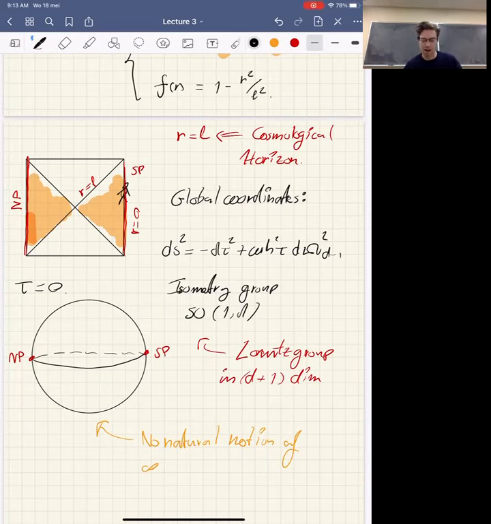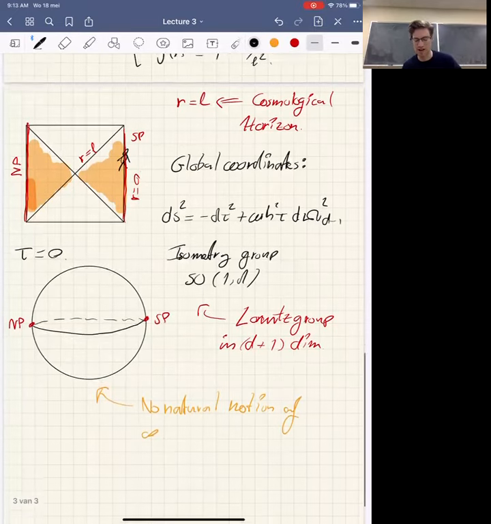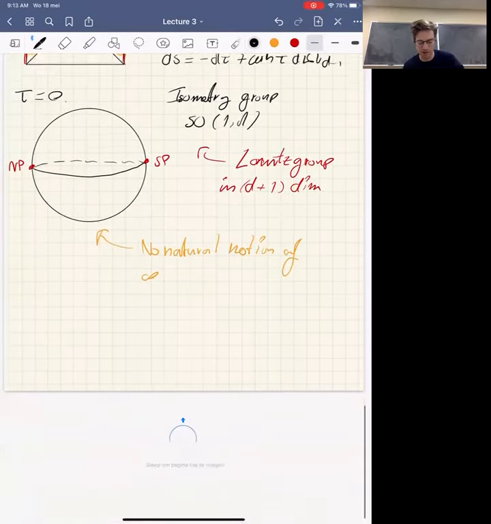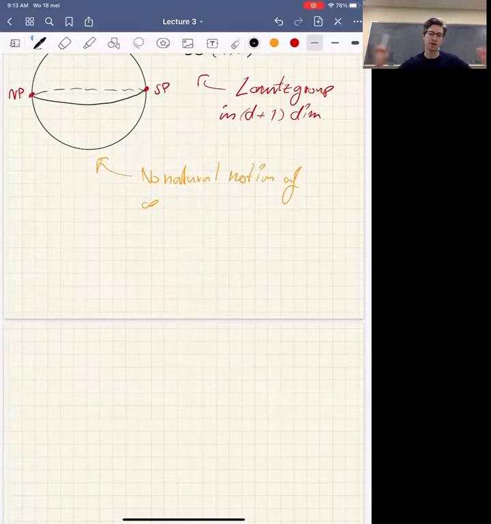One consequence of this not being the case in de Sitter space is that it's already quite difficult to understand how we should define asymptotic observables. For example, in AdS, we can go to the boundary, and using holography, we can define the AdS bulk in terms of CFT correlation functions. In de Sitter space, that's quite tricky because there's no natural way to go to spatial infinity where gravity becomes weak. So that will have important consequences later on.